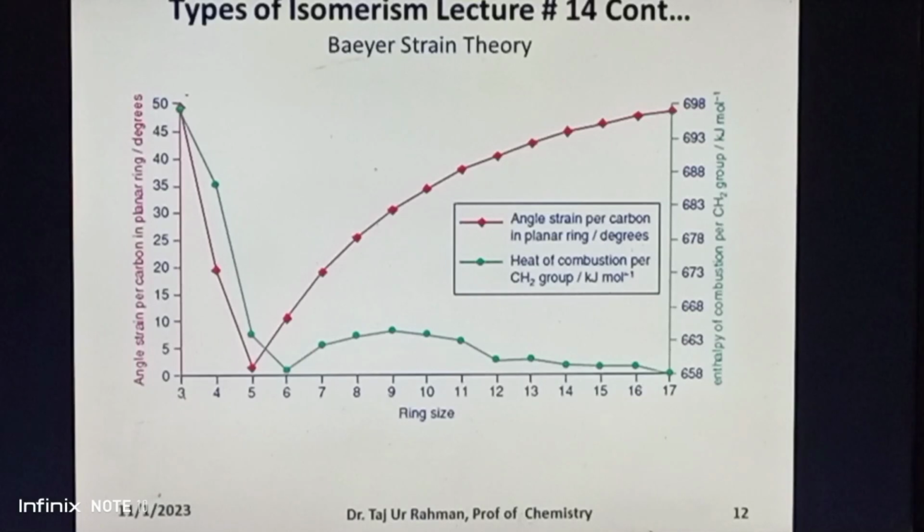Now let's put all these together in this graph showing, for each ring size, number one, the angle strain per CH2 group, and number two, the heat of combustion per CH2 group.